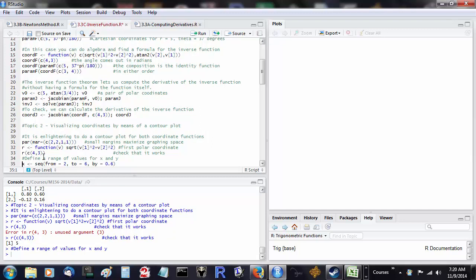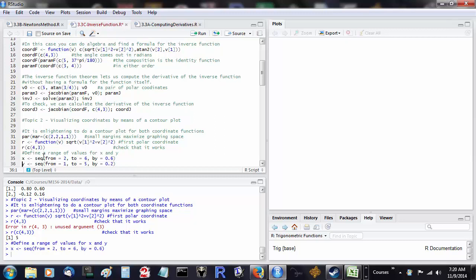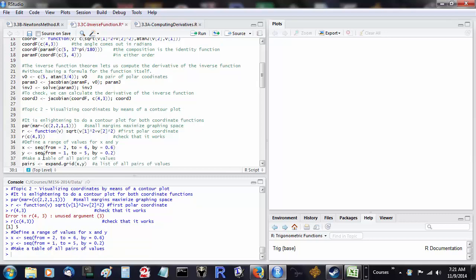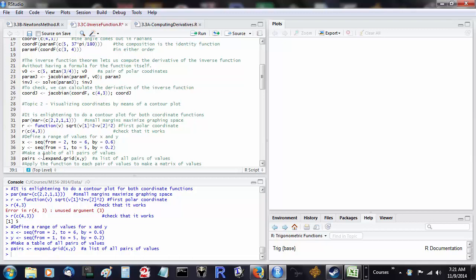Okay, let's pick a range of values for x and for y to do our plot. We'll look at x between 2 and 6. We'll look at y between 1 and 5. We will use this crazy function expand.grid to make this gigantic list of pairs of values.